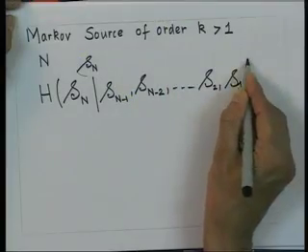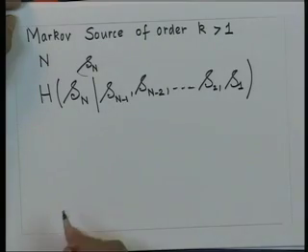So, if I use the general properties of entropy, then I can define the average additional information which I am going to get on the observation of Sn, having observed the preceding symbols, as H of Sn given Sn minus 1, Sn minus 2, continuing up to S1.